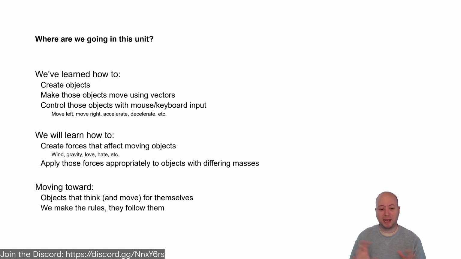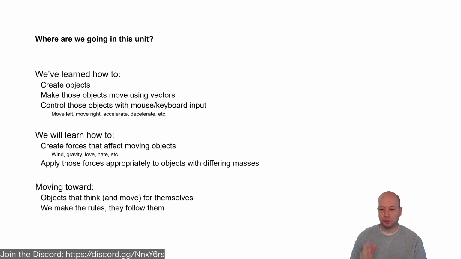and then also how to apply forces to things with different masses. One thing for those of you who have done physics, we will not be talking about, as far as I know, rotational momentum, rotational inertia, and that kind of stuff. So we're going to stick to effectively particle level physics, or particle forces, which means that an object is treated as if it's a particle with no rotation or orientation, even though you might have orientation obviously in your game.